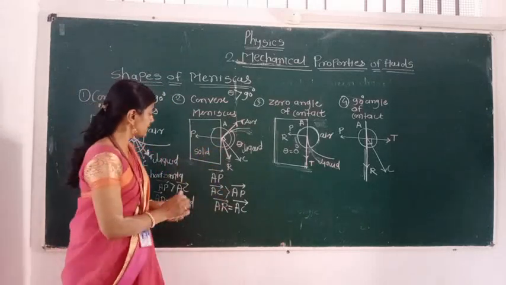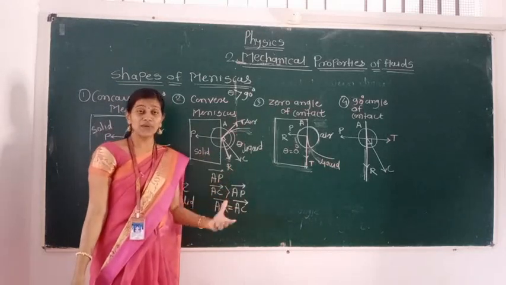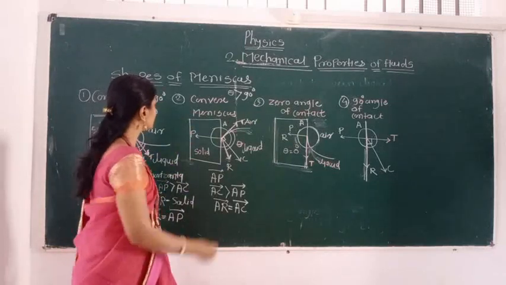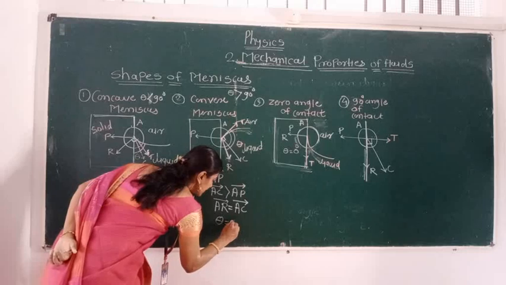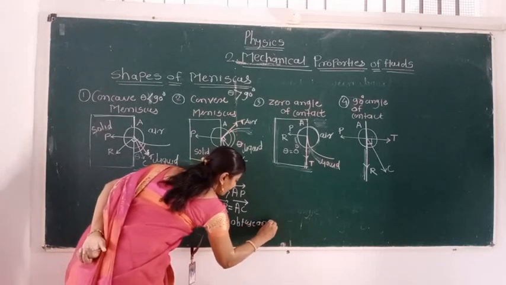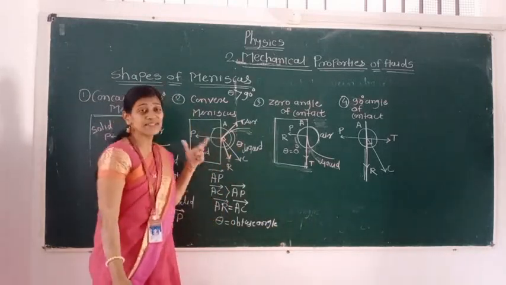So in this case, the resultant force is directed inside the liquid, and due to that, the shape of that meniscus is convex. Otherwise, we can say that theta is an obtuse angle. And due to this condition, we are getting the convex meniscus.